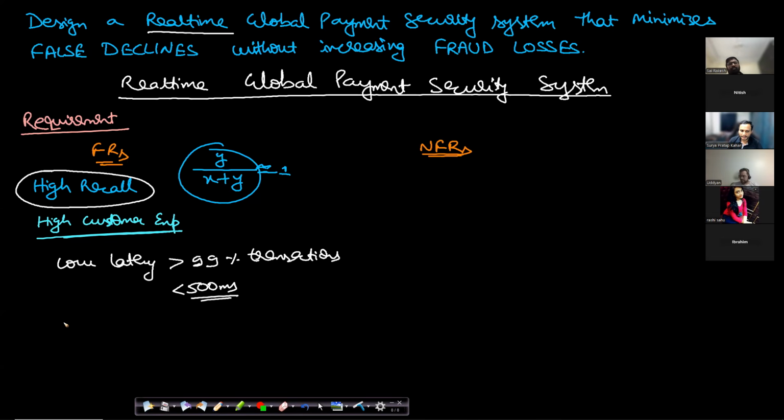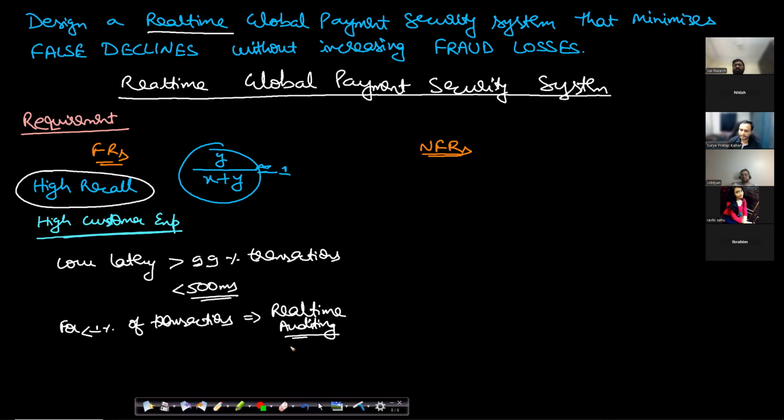For the 1%, or I should say less than 1% of the transactions, I have to do real time auditing, because in real time I have to start reasoning about why I should decline or accept some kind of request for payment. So real time auditing is required for this.